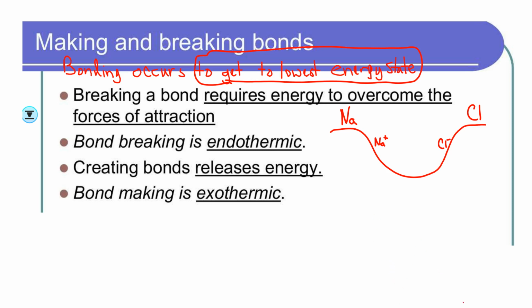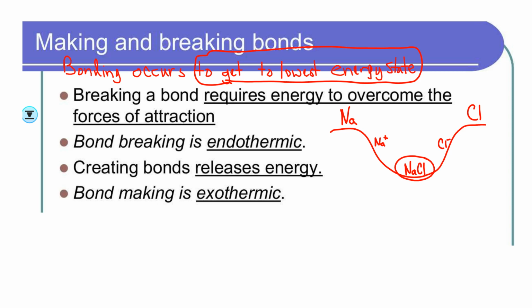All right, maybe gain some heat. And then they get down here where they combine together, and then this is their lowest energy position. So they're happier, or they're more stable because they're in a low energy position when they're in a compound. They're less stable when they're by themselves because they're in a high energy position.